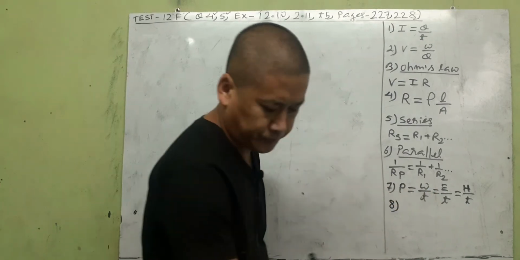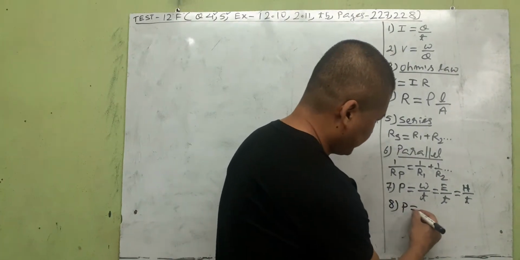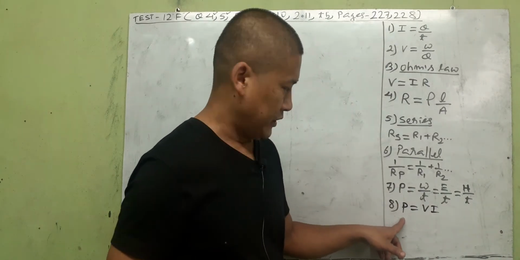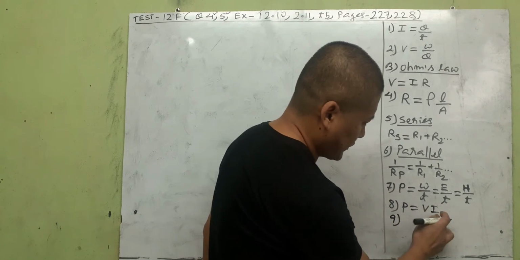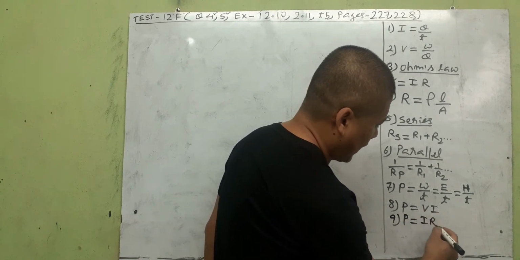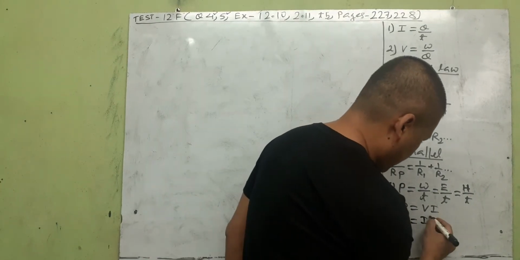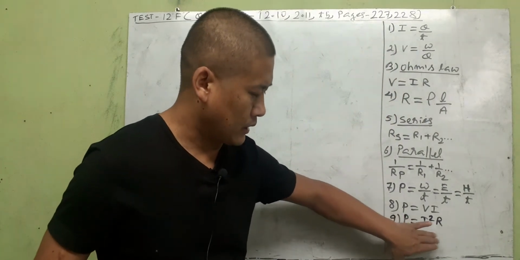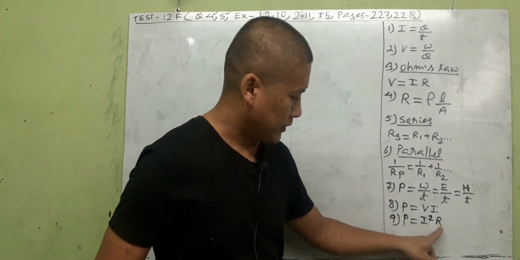The next power equation is P is equal to V into I. So these are the famous power equations: E by T, V into I, potential difference into current. The next famous equation is P is equal to I square R. As we go into the chapter, we'll discuss how it is derived, but for now, you just memorize it. So square of current into resistance.